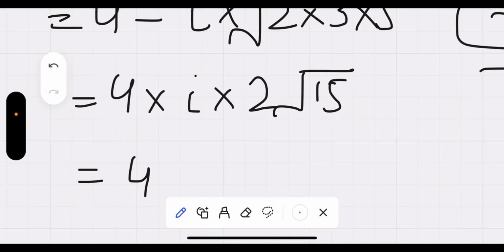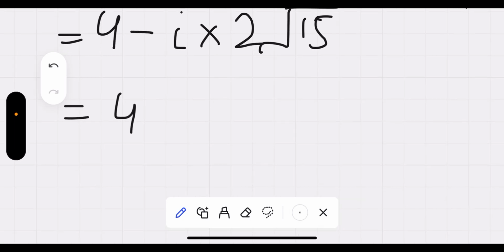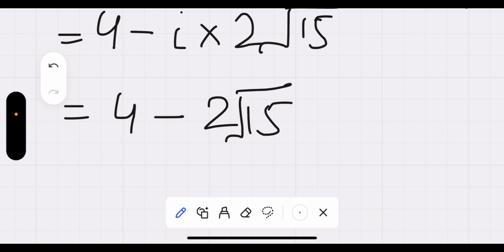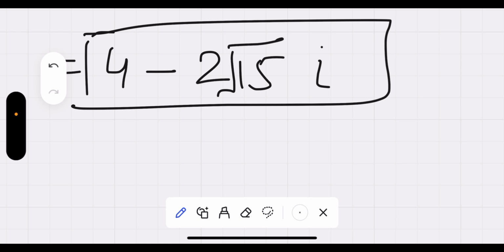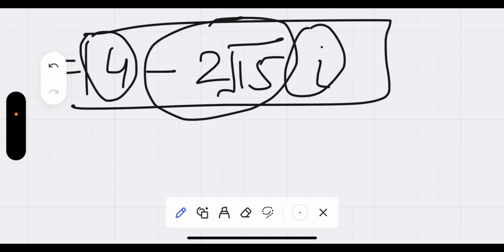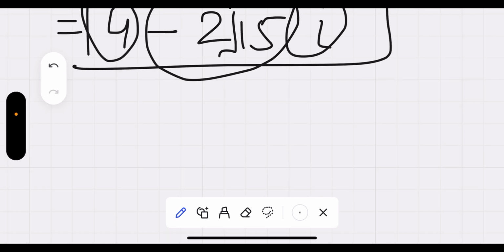Sorry, there is a mistake. This is a negative sign. So 4 minus 2 square root of 15 iota we can write this way. Now here we have a proper complex number where 4 is the real part, this is the imaginary part, and this is the unit of the complex number.